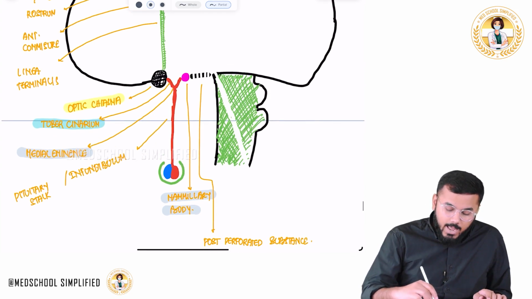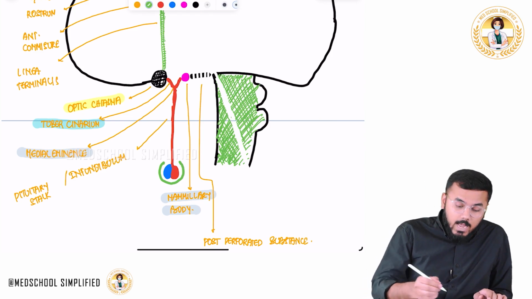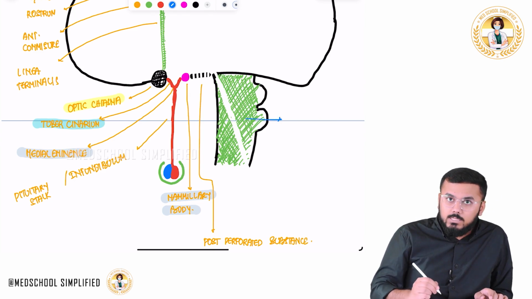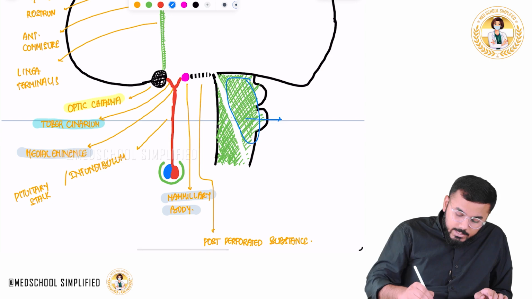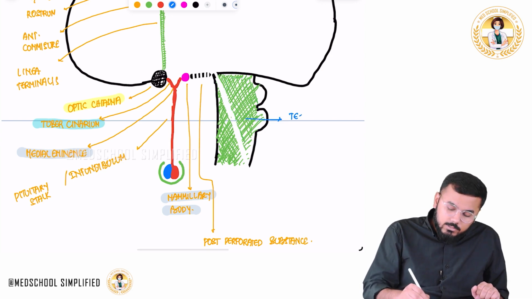Now this cerebral aqueduct is dividing the midbrain into two parts. This upper part, whatever you can see, the entire upper part, is called the tegmentum of the midbrain.